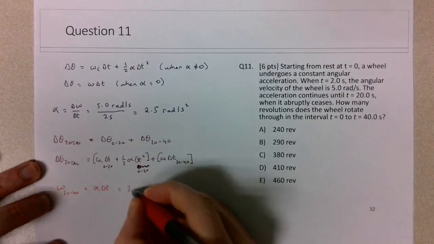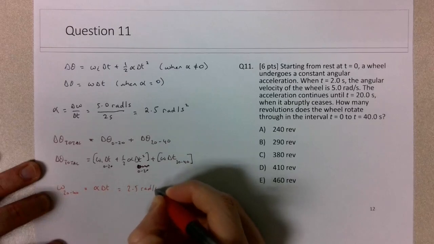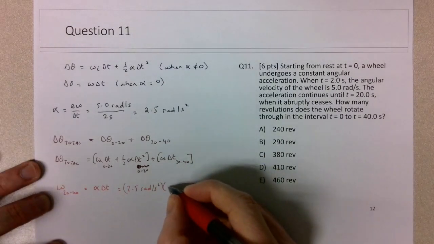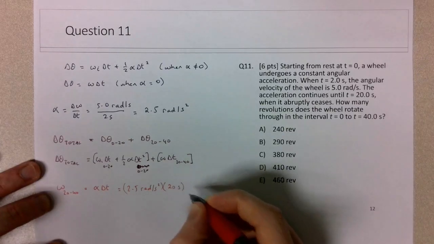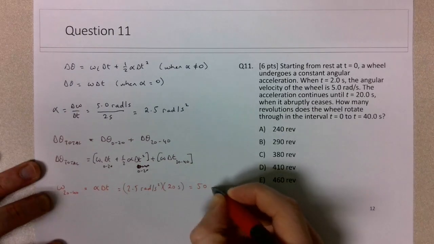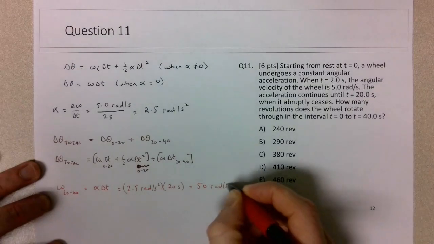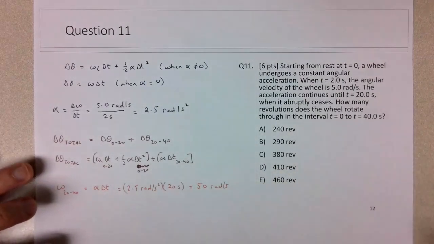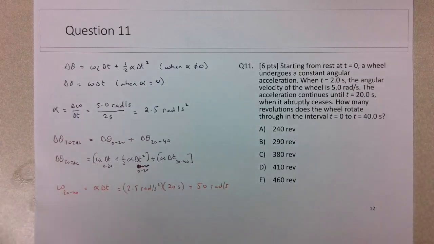So we have a 2.5 radians per second squared acceleration times our 20 seconds. So that gives us 50 radians per second. So that's the speed at 20 seconds, and also for the continuing time of the latter 20 seconds.